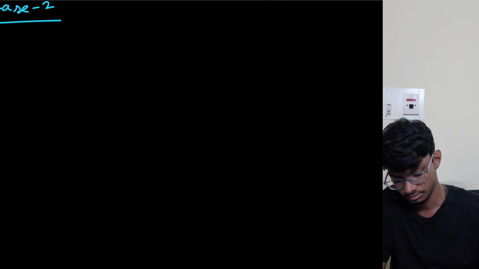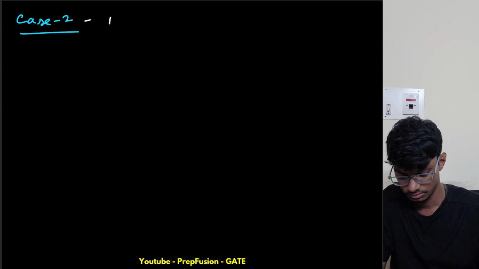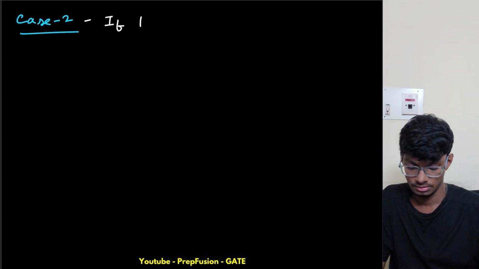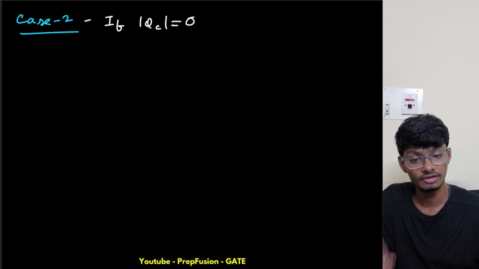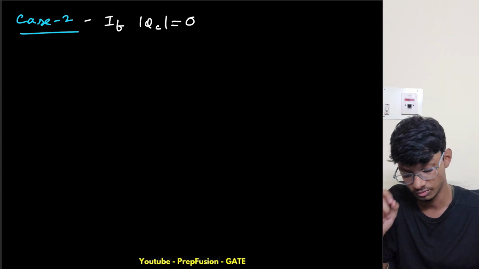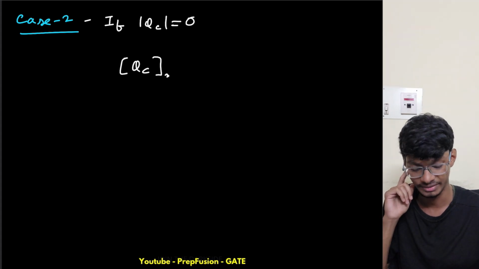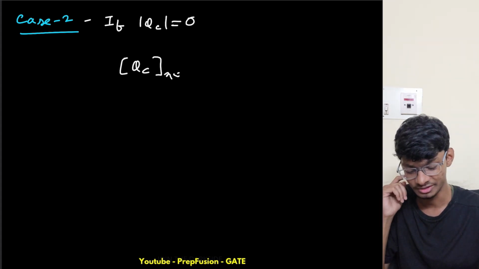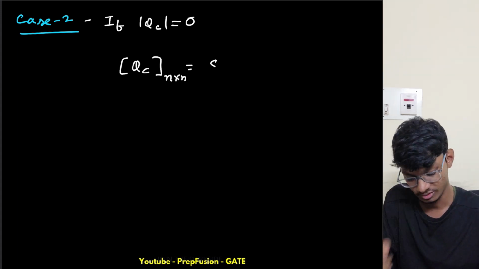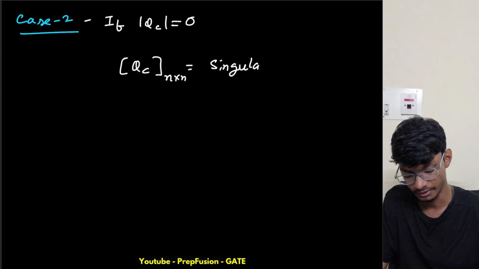Case 2: if the determinant of QC is 0, then what will happen? What is this matrix called? If you studied matrices in your 12th grade, you have obviously forgotten. If the determinant is 0, it is a singular matrix, the opposite of the previous one.